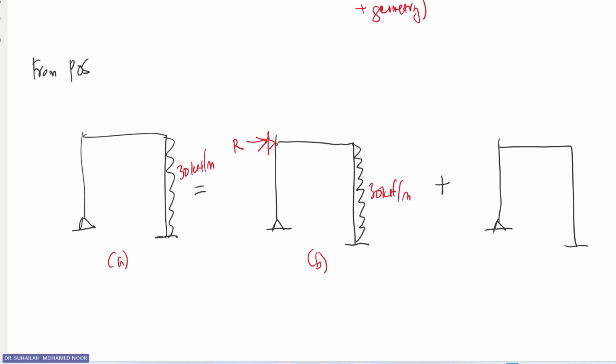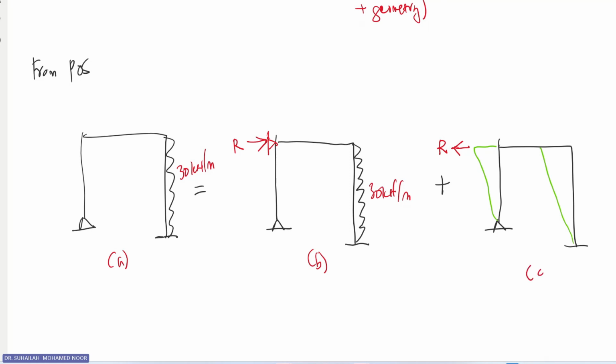No W, it is just delta. This delta occurs because we have negative R here, because we have to neutralize the R that exists due to the artificial support in diagram B.